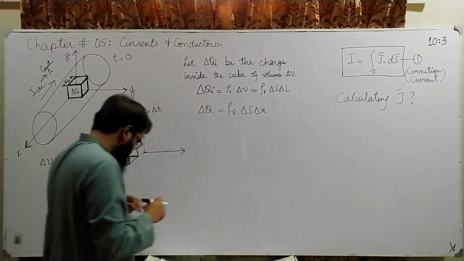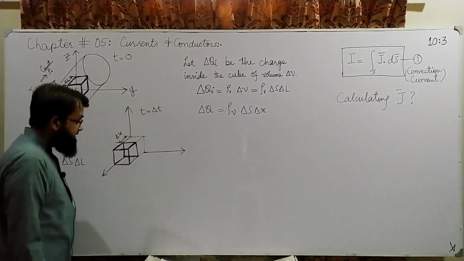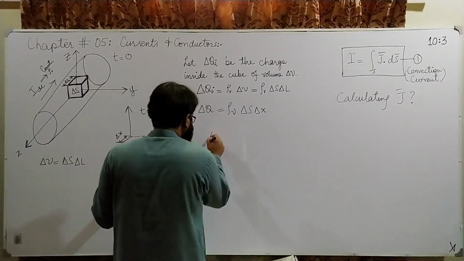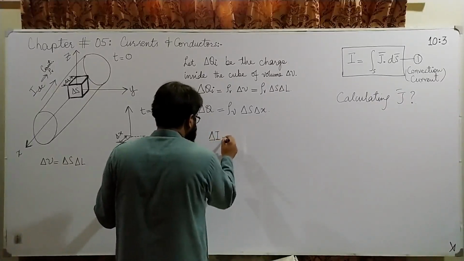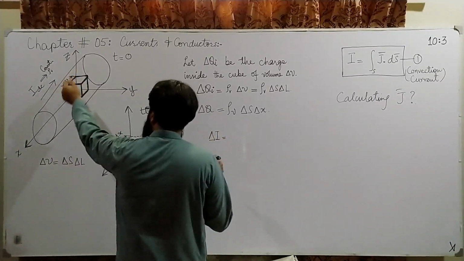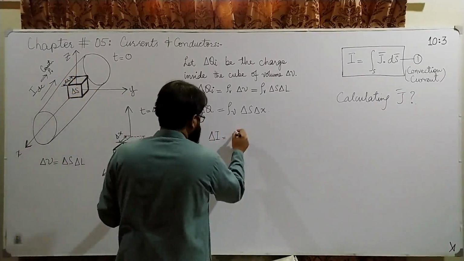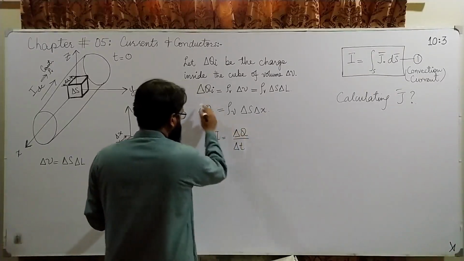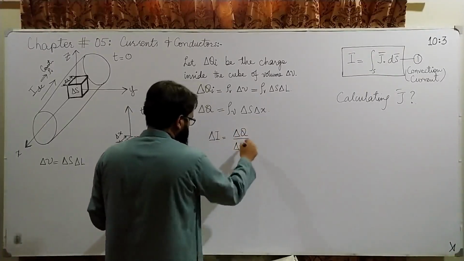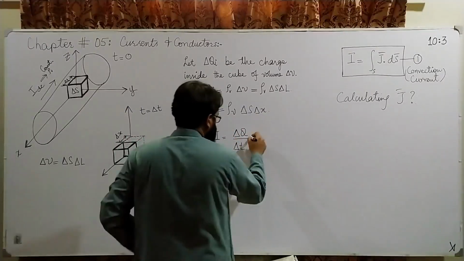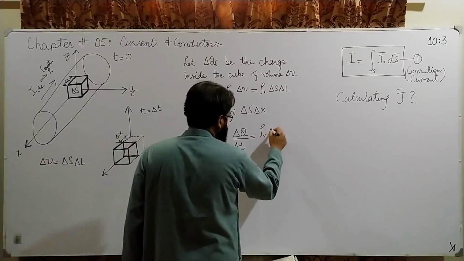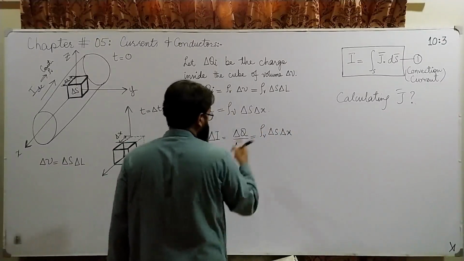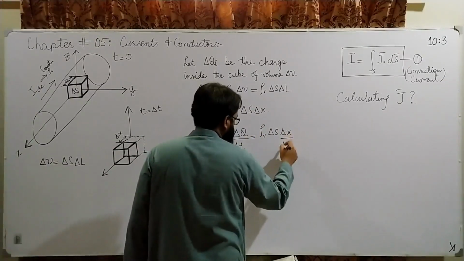If this is the charge which moved out of the box during time delta t, then we can say that the differential amount of current which moved through this surface is equal to delta q divided by delta t, because this much charge has moved across the reference plane within this time. So rho v delta s into delta x, this is delta q divided by delta t.